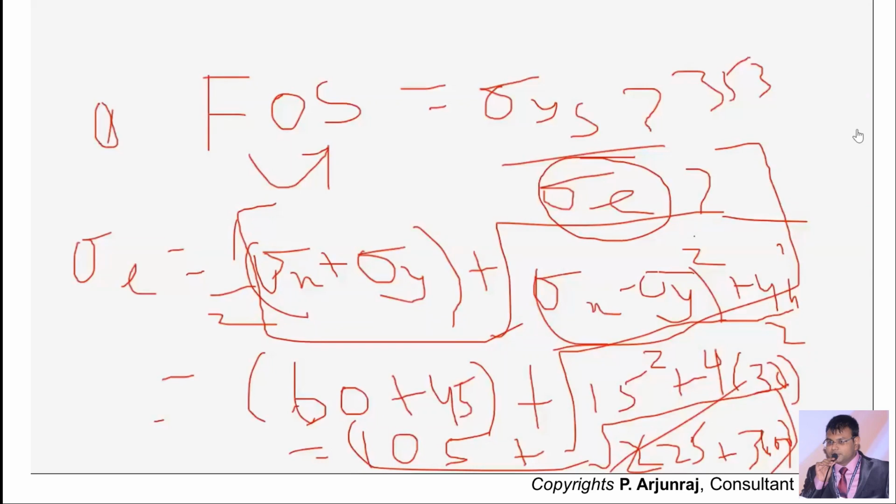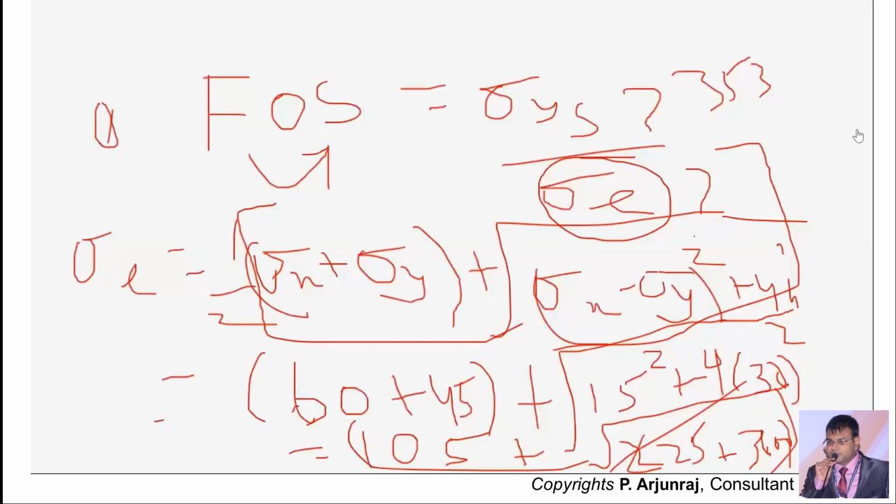So I'm going to divide 353 by 83.4 to get the factor of safety, which is going to be 4.23.